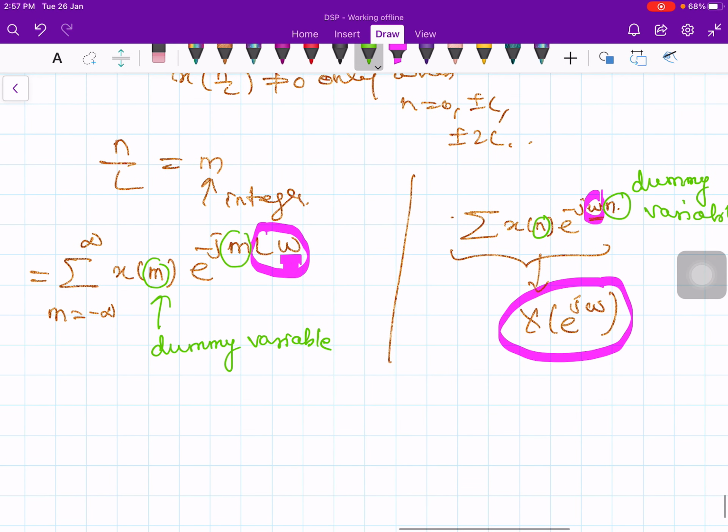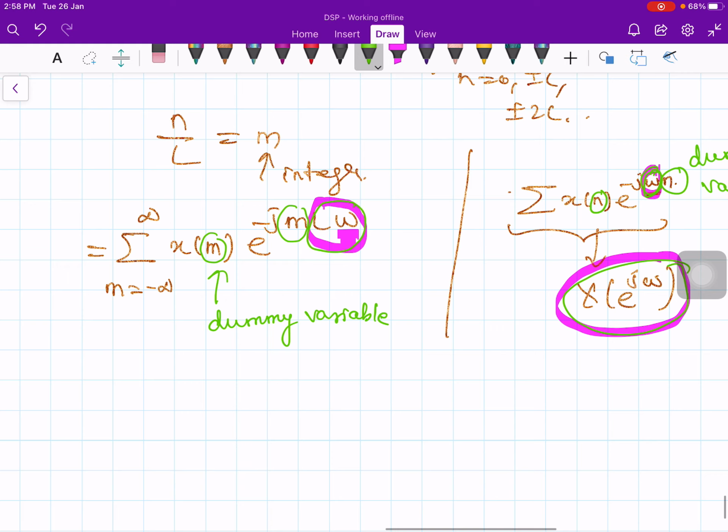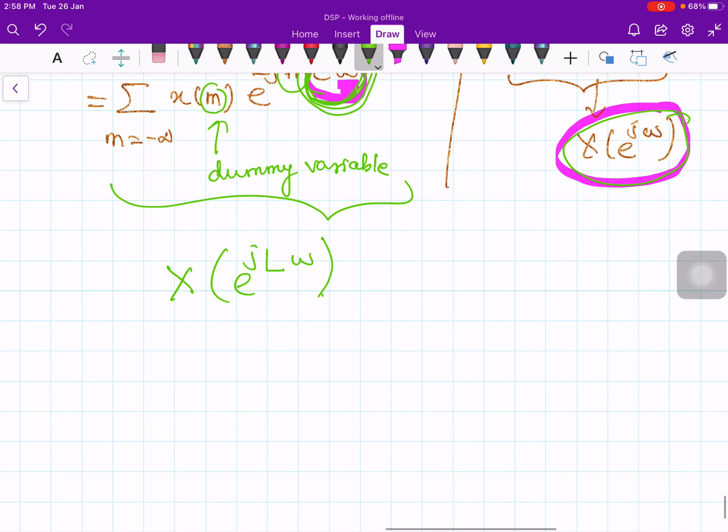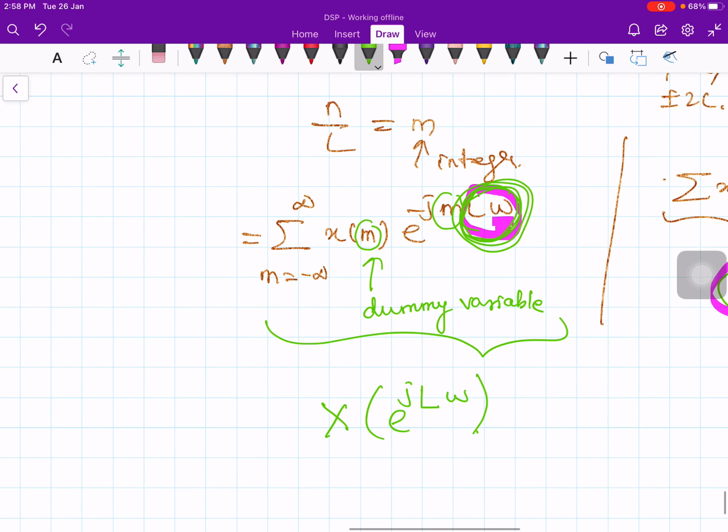If you have omega here, then this is x of e to the j omega. Now instead of omega here, I have L omega. So therefore this whole thing I can write as x of e to the, instead of omega, L omega. That's what I want to write down here.